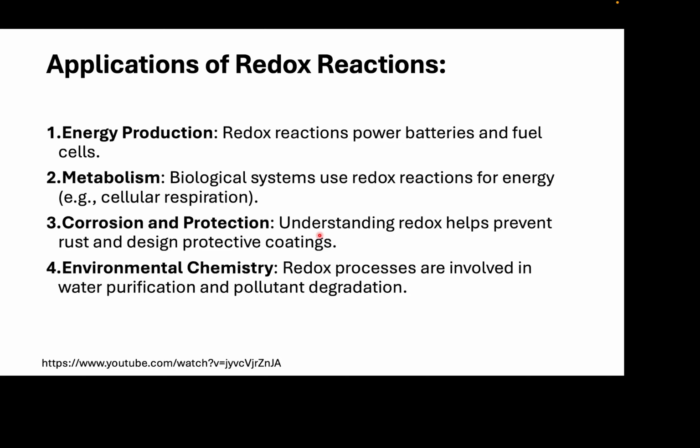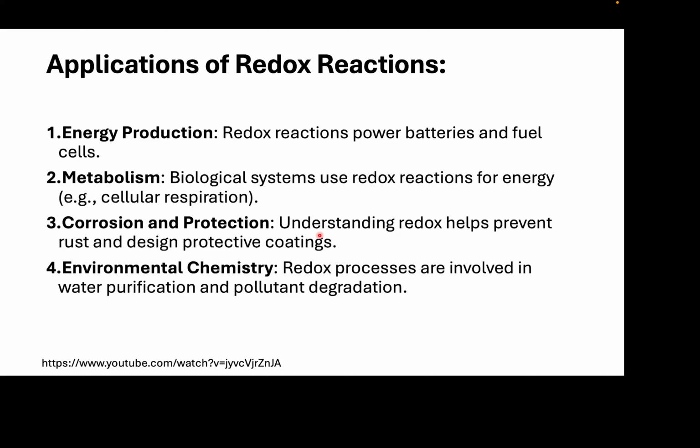Applications of redox reactions. First, energy production. Redox reactions power batteries and fuel cells. Metabolism. Biological systems use redox reactions for energy in cellular respiration. We'll discuss it later. Corrosion and protection.